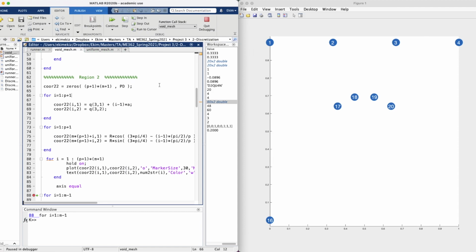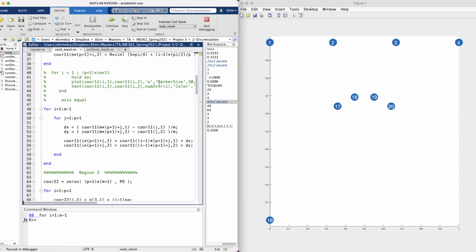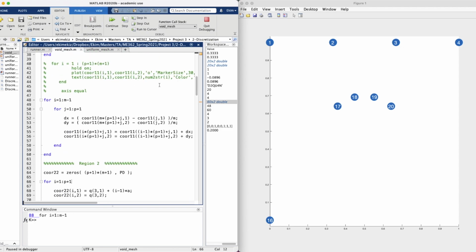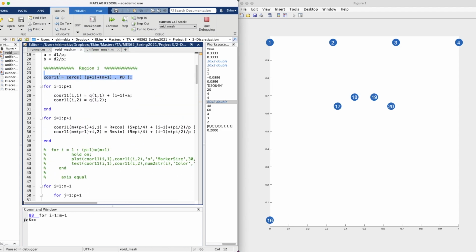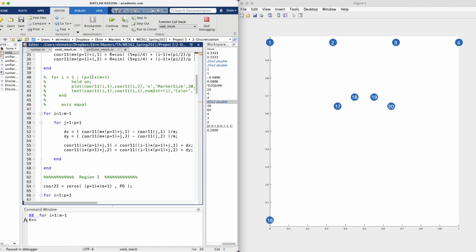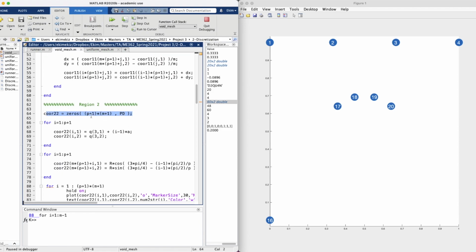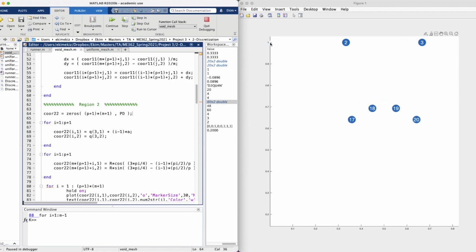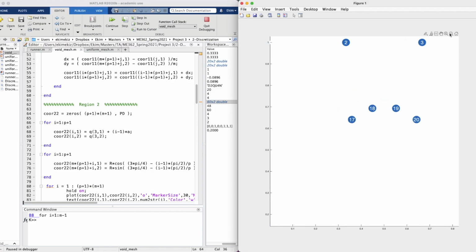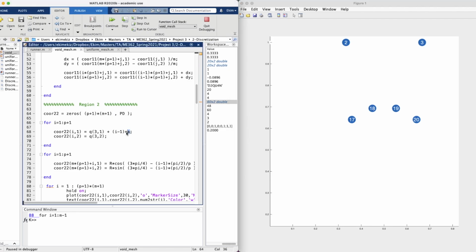So again, if we compare it to core 1.1, we initialize it with zeros again. So it's the same thing, remember, because we had the same number of nodes. And for the generation of this line, the only difference is now we're looking at this corner. So we're looking at the x coordinate of this corner and then adding a's to it.